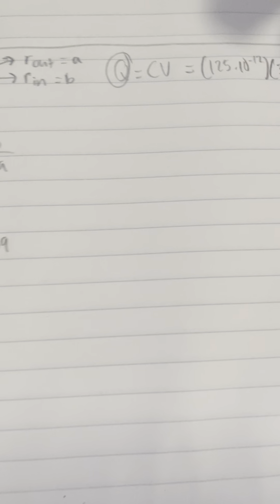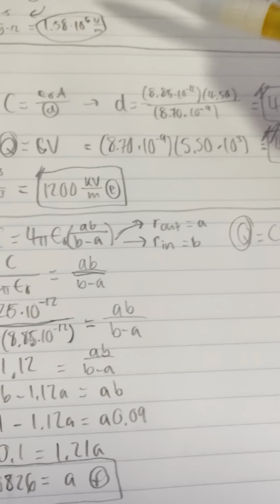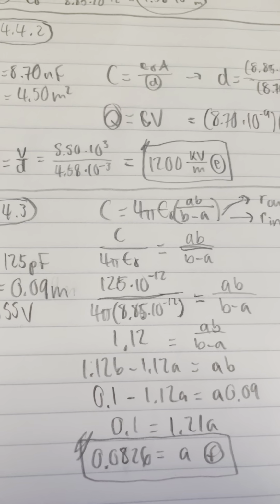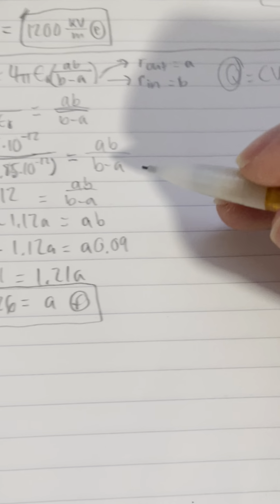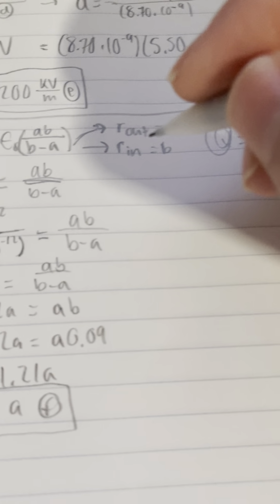Okay, and then part H asks, first it says if the potential of the inner shell, again, is 355 volts higher than the potential of the outer shell, what is the surface charge density of the outer shell? So surface charge density, equations that we used before involving surface charge. Okay, no, we can't use those. Let's use this one.